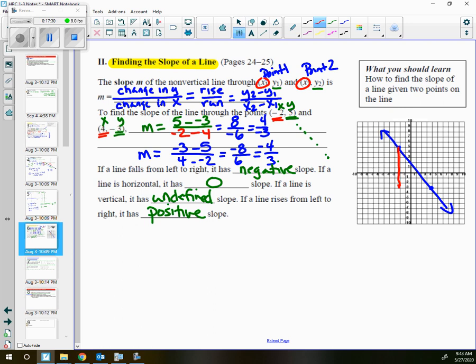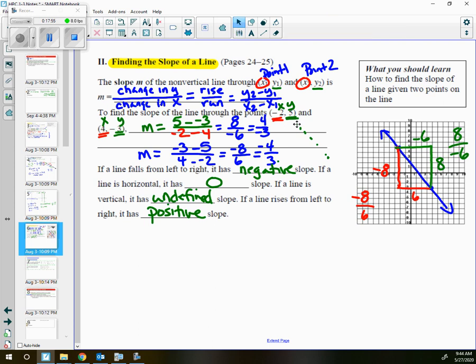To get down to -3, so we went down 8, and then we'd have to go over 1, 2, 3, 4, 5, 6. So rise over run would be -8 over 6. That's if I start at the top point, but I could have counted the other direction as well. So I could have gone up 8, and then 6 to the left. So I could have written it as 8 over -6, and I end up with the same exact thing.